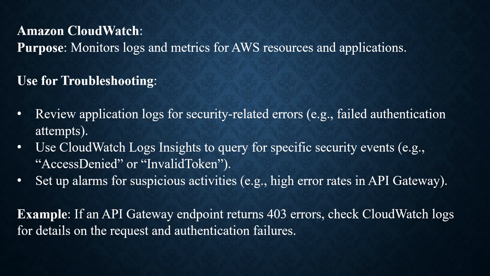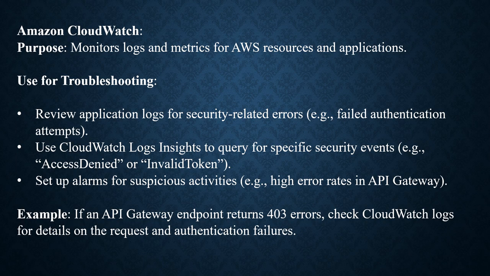Amazon CloudWatch. Now we'll discuss Amazon CloudWatch. Here are common security troubleshooting scenarios. Used for troubleshooting, we need to review application logs for security-related errors, for example, failed authentication attempts.